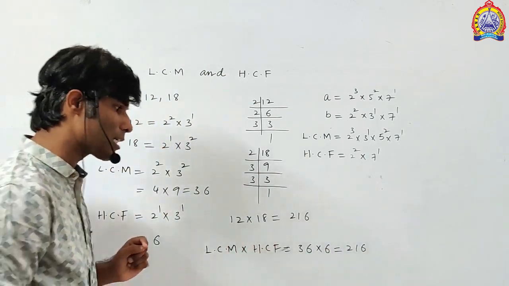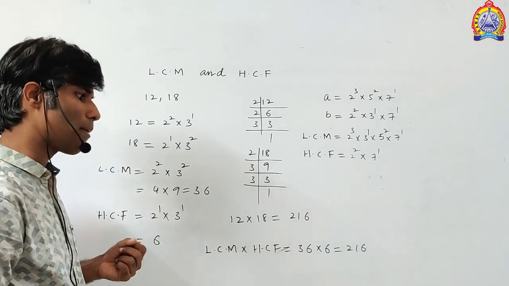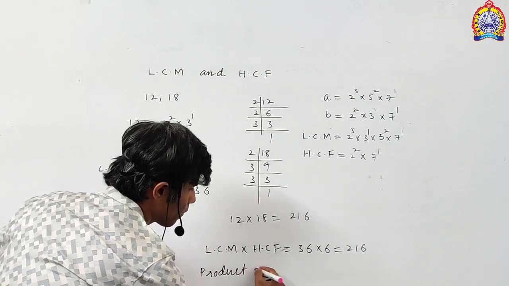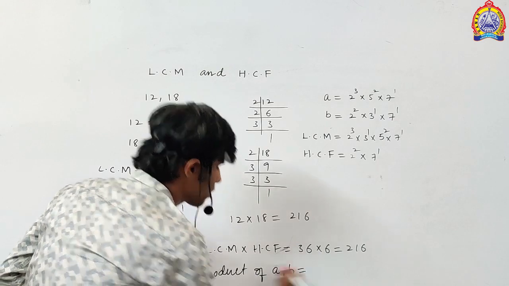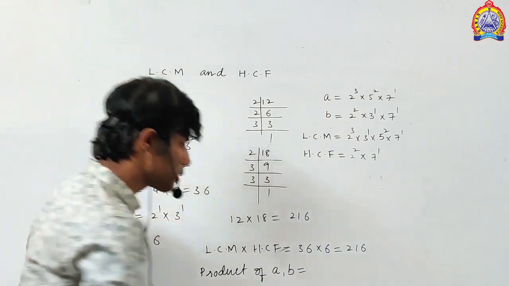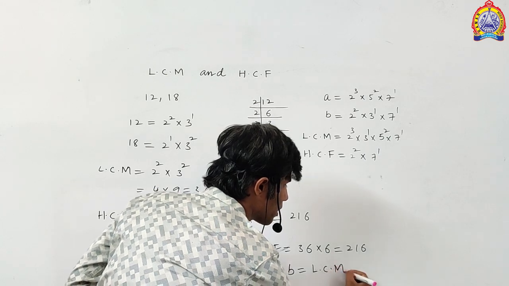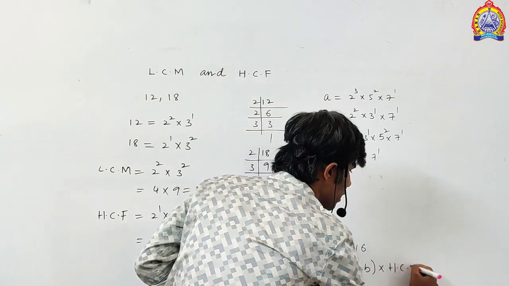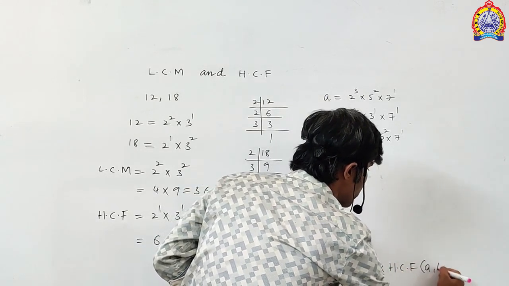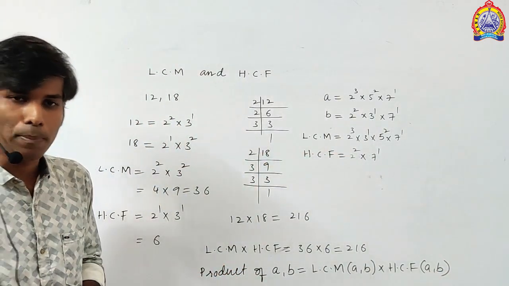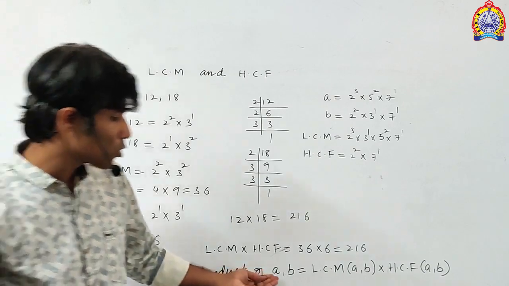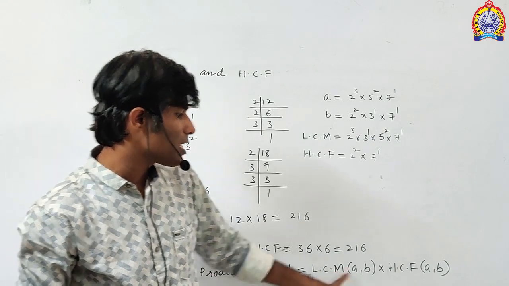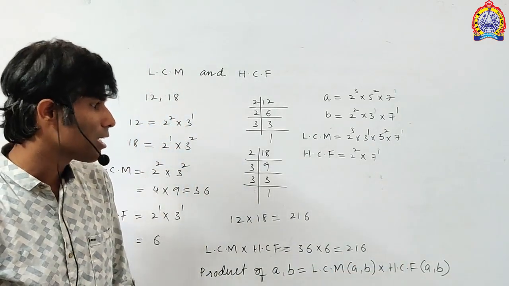From this we can conclude that if you have two numbers A comma B, the product of two numbers A comma B is equal to LCM of A comma B into HCF of A comma B. If there are any two positive integers, the product of those positive integers will be equal to the product of their LCM and HCF.